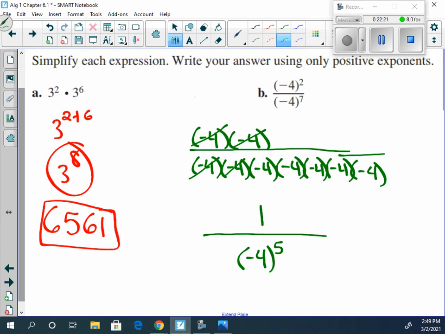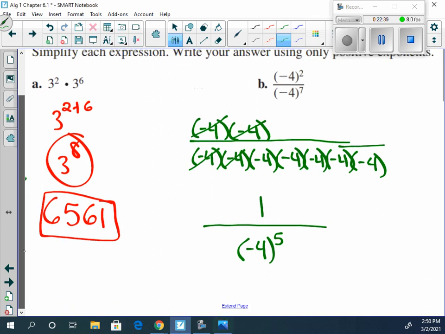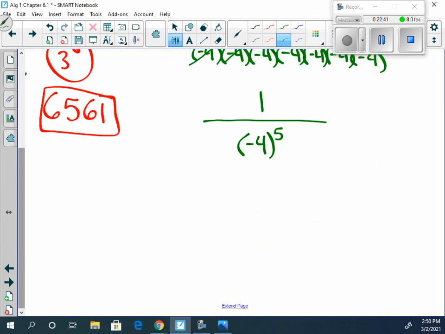But we have to be careful, because which one is bigger? Is it bigger on top or on bottom? So it would stay on bottom. It would stay on bottom. And I'm going to redo this one here in a minute so we can kind of see how this works with the formula. Now, what is negative 4 to the 5th power?